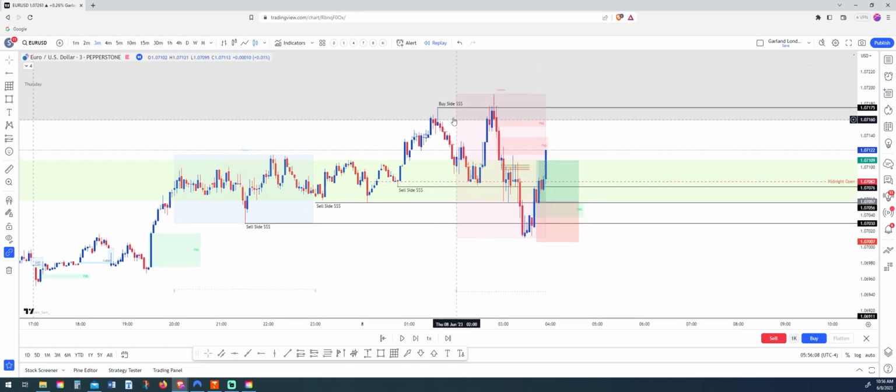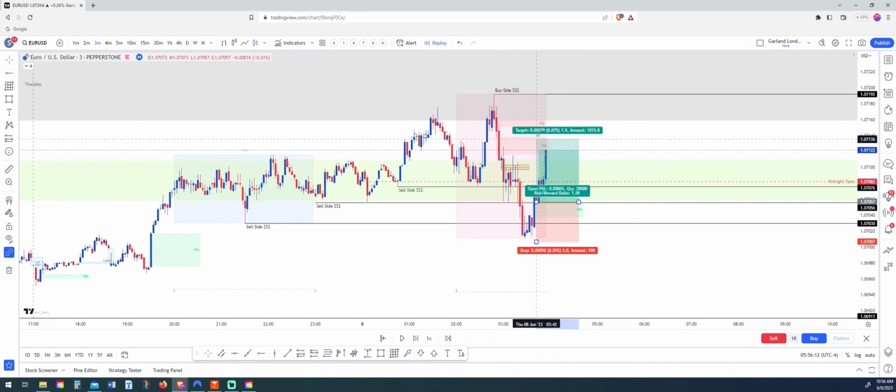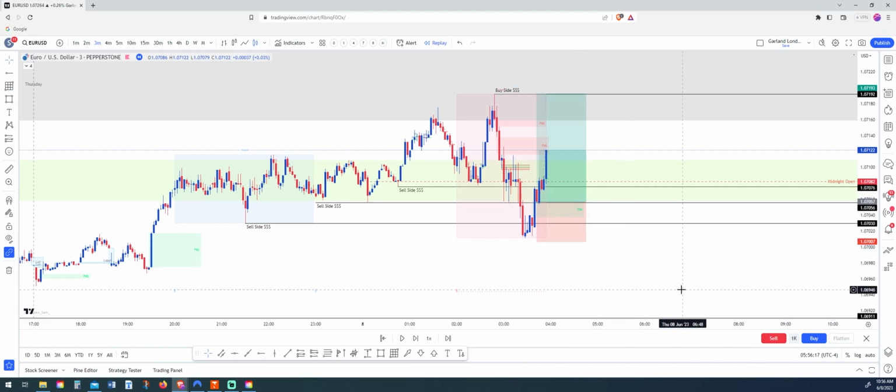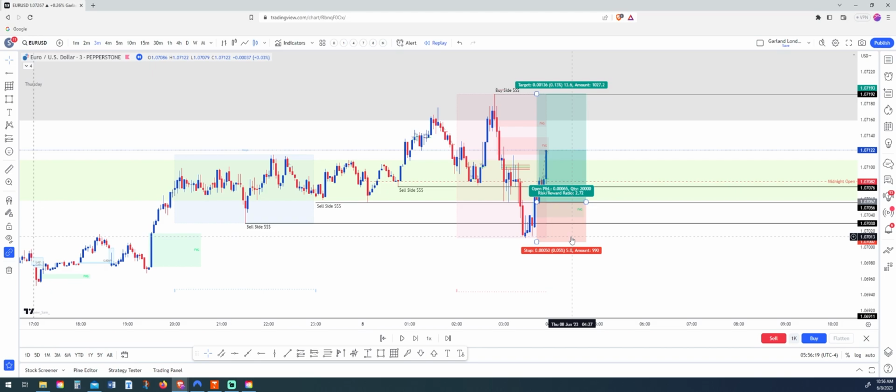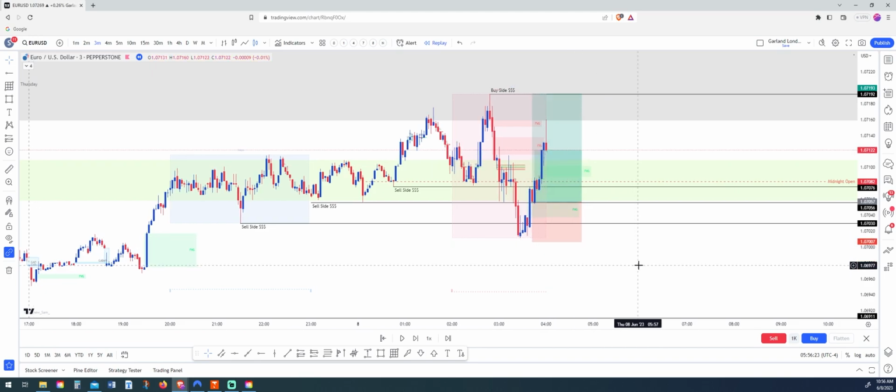Given that we're pulling back inside the range, our new buy side liquidity is the session high. So if you wanted to hold this now that you've got in on the trade, you could hold that potentially for the high. I myself would have closed out at the 5 pips. However, let's see how this plays out.